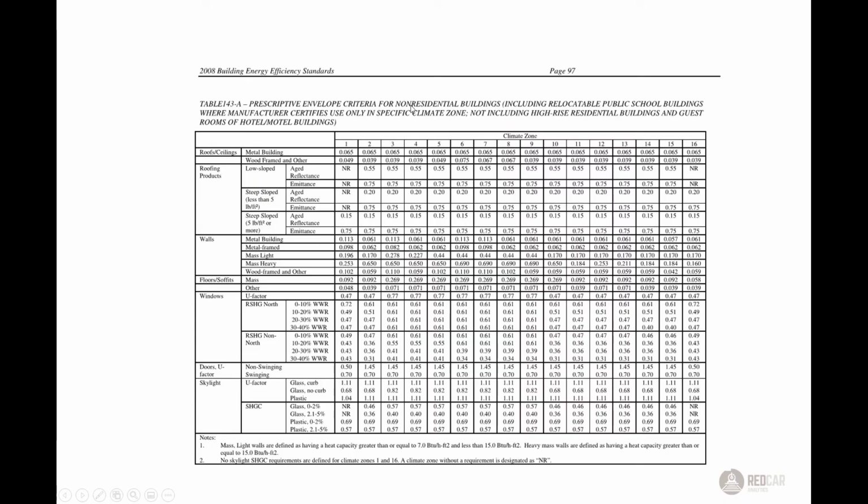This is a representation again from California. It's a lot of numbers in a table, but what we're able to glean from this is that for each climate zone, which is a different column in California, there's a different minimum insulation requirement for all these different pieces. So a roof has to be at least this insulated, and a wall of this type has to be at least this insulated.